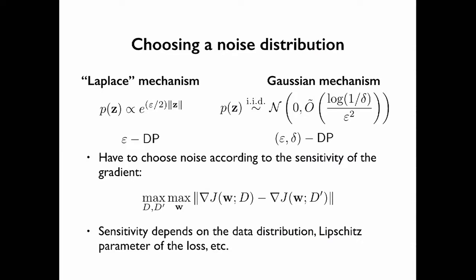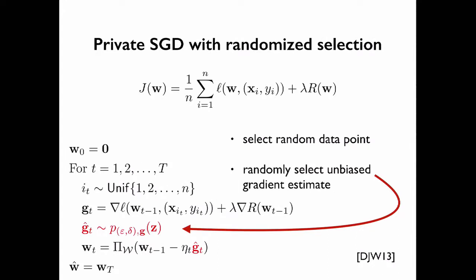So that's adding noise. A different way of guaranteeing differential privacy looks similar. Basically, I'm going to do a random selection. I think of it as different because it's not explicitly doing additive noise. Again, I pick a random data point from my data set, and I compute the gradient of the objective function at that data point.